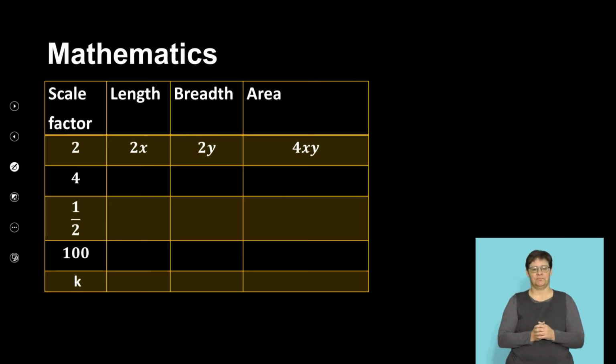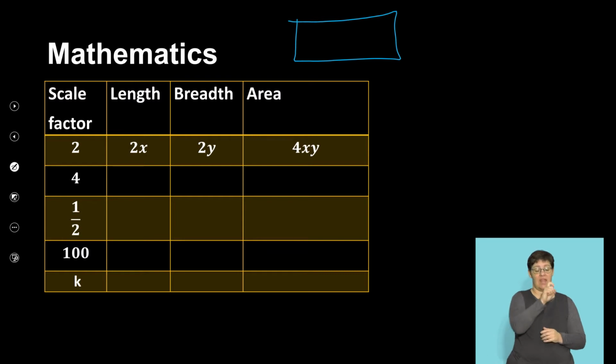So we're now going to look at what would actually happen if I've got different scale factors introduced for this particular rectangle. Just a reminder, I was using the rectangle that had a length of x and a breadth of y. Let's look at our table.